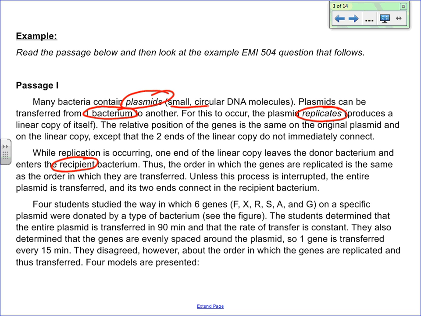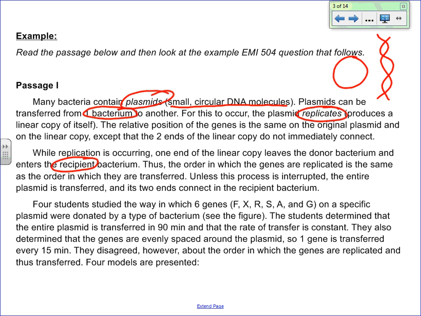Nice. Your DNA is not circular. Your DNA is in a long string, like that. Right? Bacterial DNA is actually in a loop. That's the plasmid that we're talking about there. It's a small circular DNA molecule.